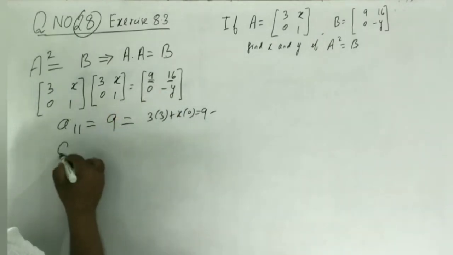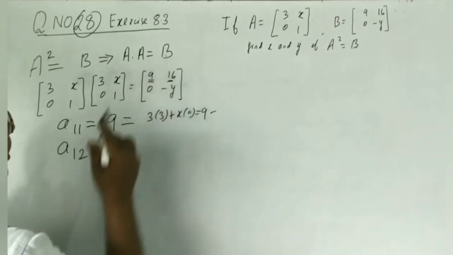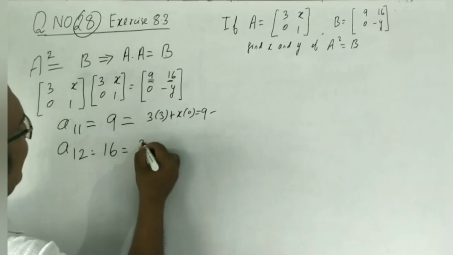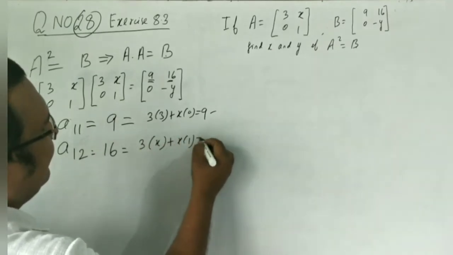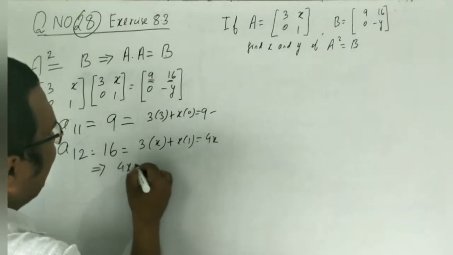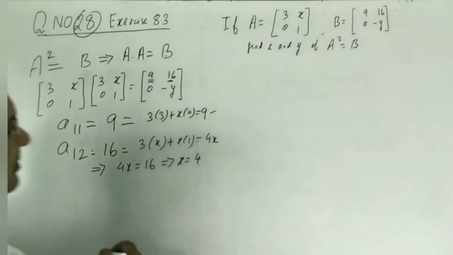Now 1 and 2. First row and second column is 16. 3 into x plus x into 1. This is 4x. We have 4x is equal to 16. So x is equal to 4.